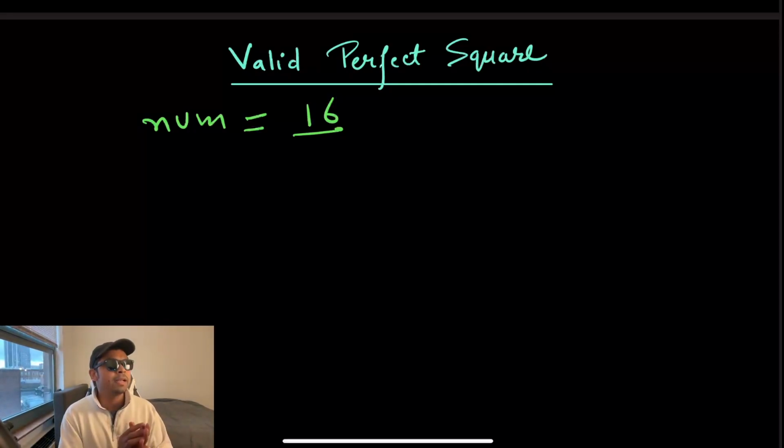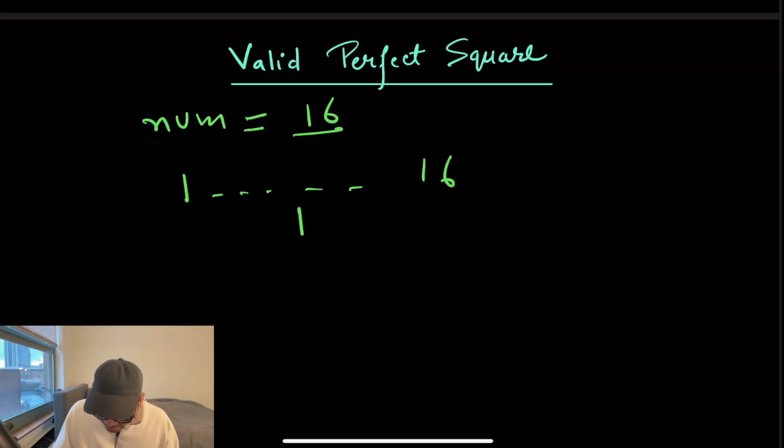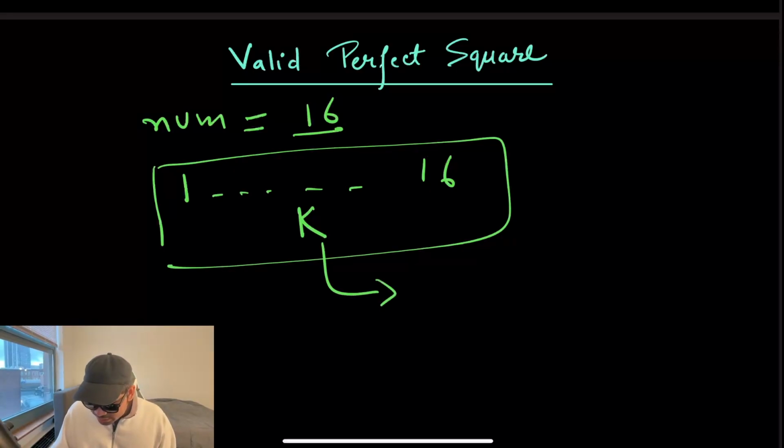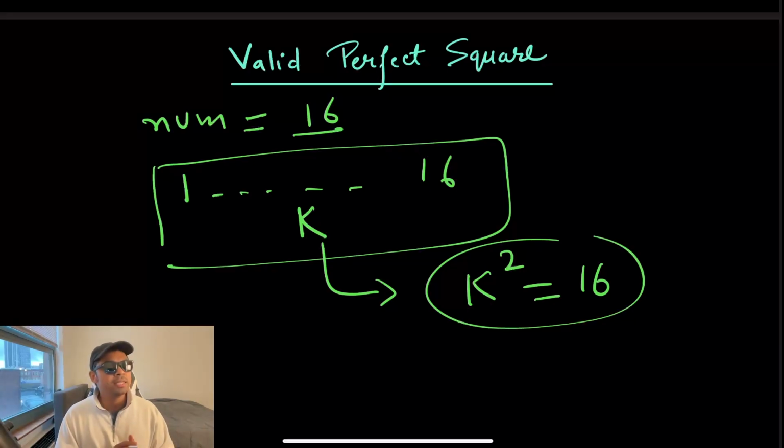So there should be a number, let's say k, between 1 and 16, where k squared is equal to 16. This is our condition. So we are trying to find this k.